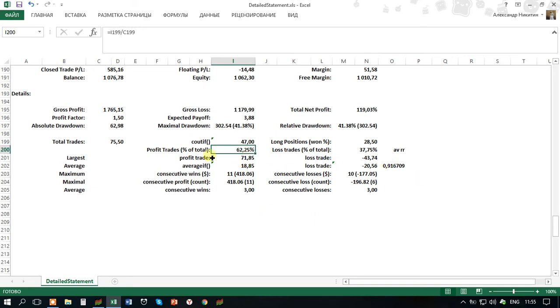The two main characteristics are the profitable trades and the average risk to reward. So if this number is large, then this number may be smaller. You can have it 90%, and this may be half, 0.5. If this number is small, then this number must be larger and larger and larger.